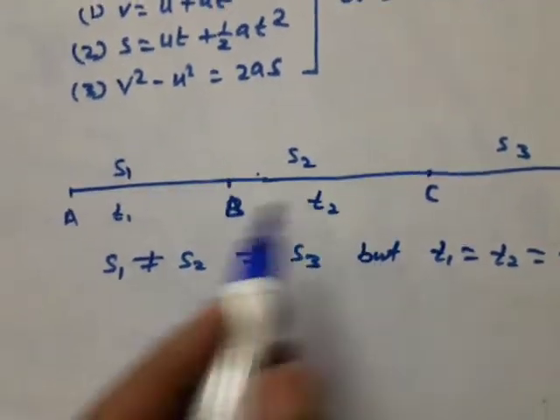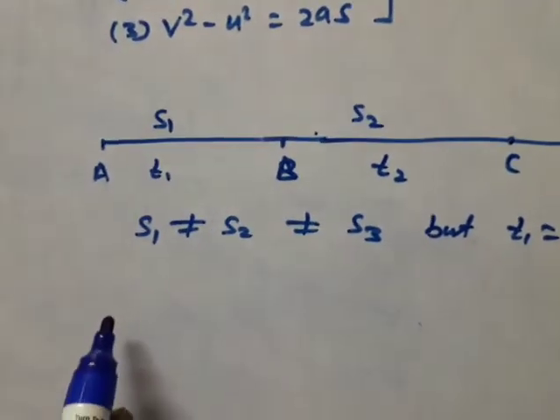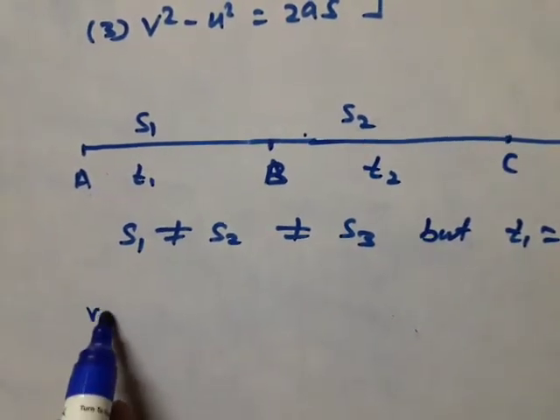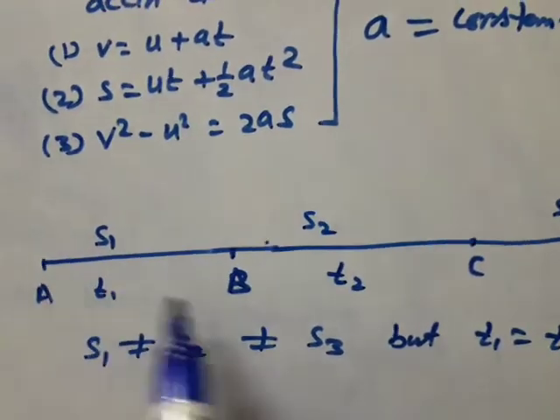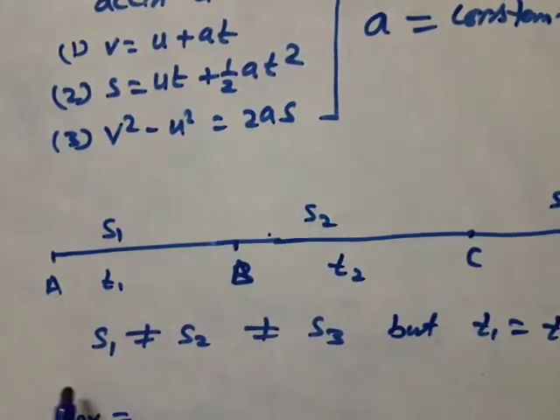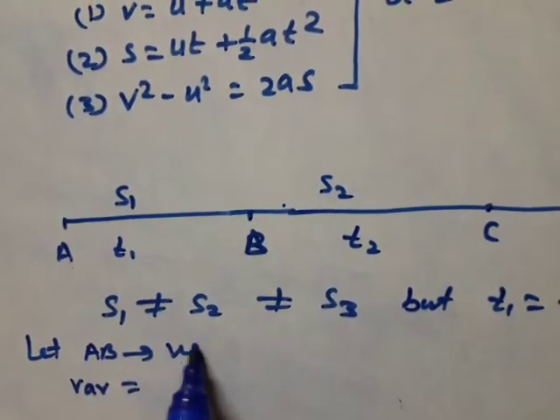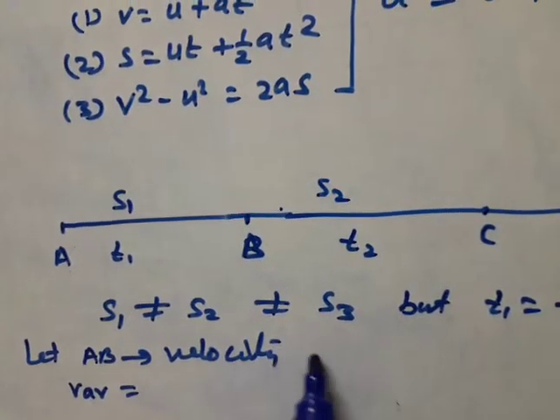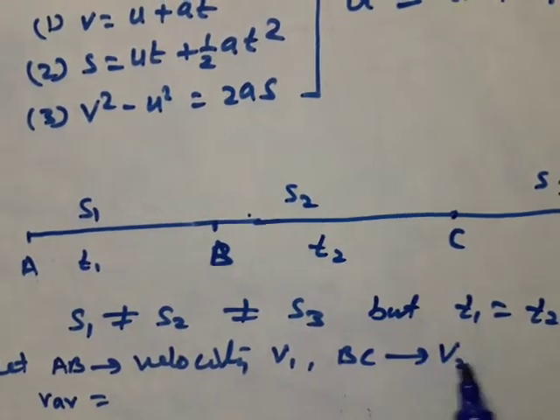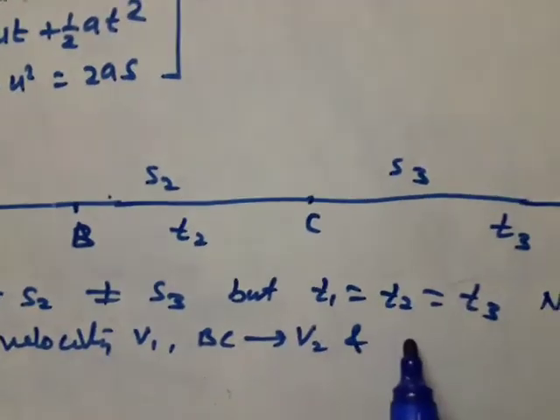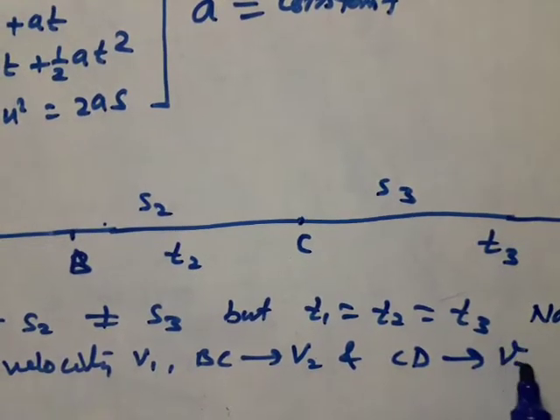Therefore, we have to find the average velocity. Suppose for AB let the velocity be V1, for BC let velocity be V2, and for distance CD velocity is V3.